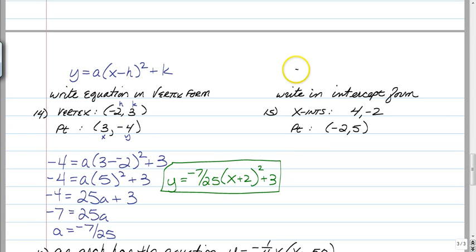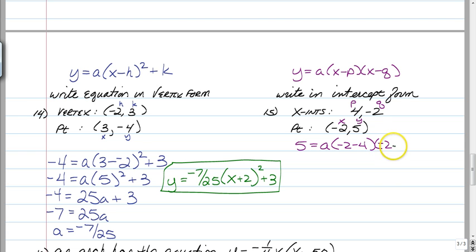Number 15, again, you need to know that y is equal to a times x minus p times x minus q, where p and q are your x-intercepts. So again, we have our p, our q, our x, our y, and we plug everything in to the equation. So we have 5 is equal to a times negative 2 minus 4 times negative 2 plus 2, because we have a q of 2.